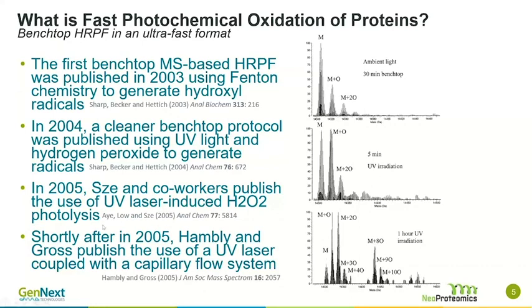Very shortly thereafter, just a few months after, Hambly and Gross published the use of a UV laser, this time coupled with a capillary flow system. It's this combination of a pulsed UV light source combined with a capillary flow system that really is the hallmark of FPOP. Okay, so I want you to keep that in mind. Pulsed UV light source combined with a capillary flow system.